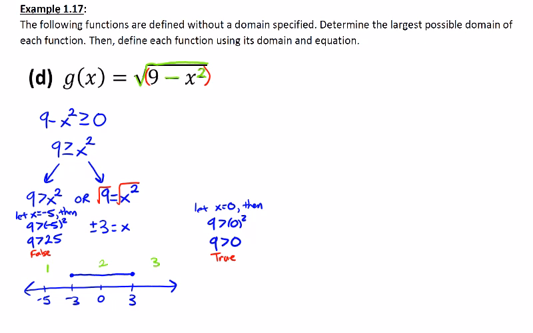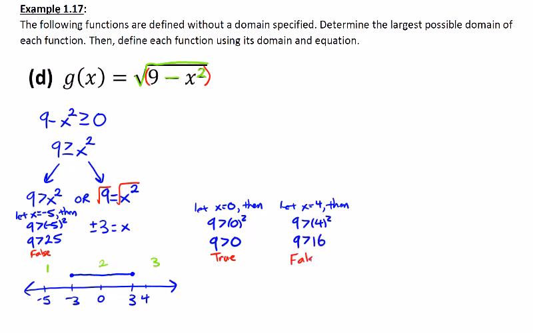Now let's check one final section. We'll check section 3. To check section 3, I'm just going to go 1 unit to the right. I'm going to go to 4. So if I let x be equal to 4, then we'll have the statement 9 is greater than 4 squared, which says 9 is greater than 16.